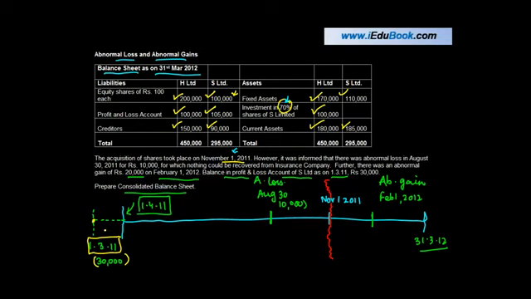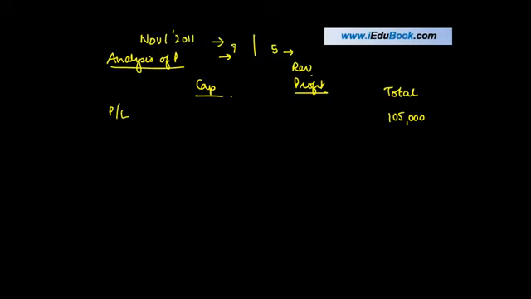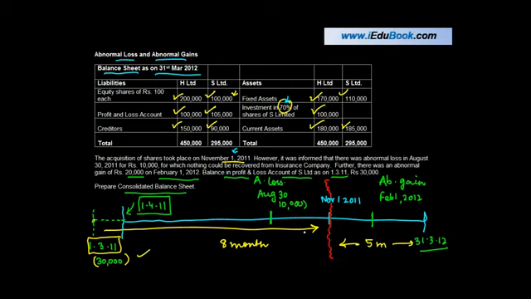So from 1st March 2011 until the date of acquisition, which is November, how many months are there? It's 8 months actually. And 5 months are here, right? So instead of taking this as 7, I will take this as 8 because this is the ratio in which the profits or the difference is going to be allocated. So what was the balance on 1/3/2011? The balance is 30,000.